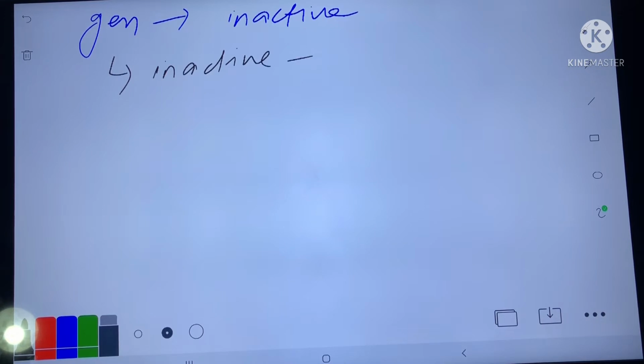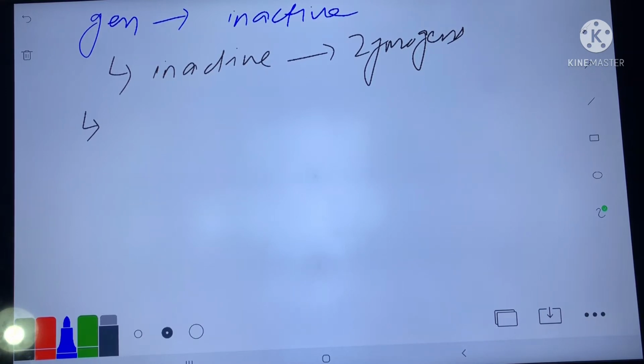That is why these enzymes are called zymogens. They are activated inside the intestine. Why does the pancreas secrete these enzymes in inactive form?